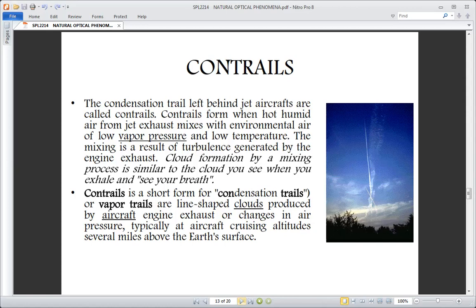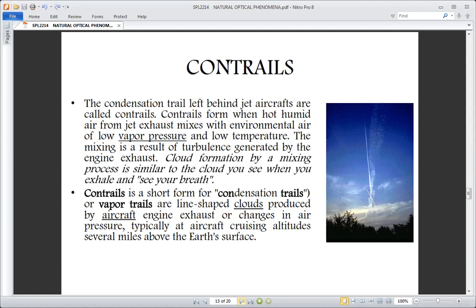So that temperature difference quickly makes the hot air from the exhaust condense. It turns into ice very fast, and the moment it turns into ice, which is normally whitish in color, that is what we see as a contrail. So a contrail is simply a condensation trail.